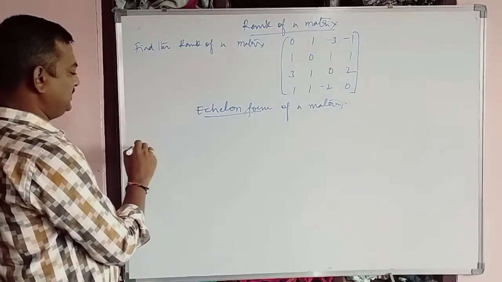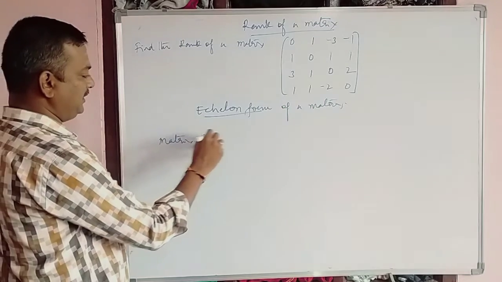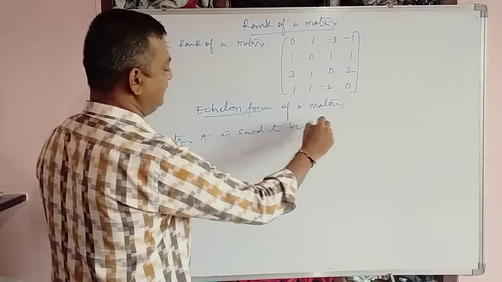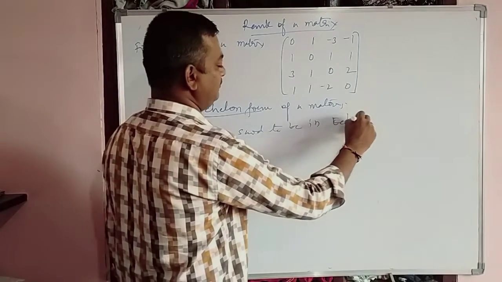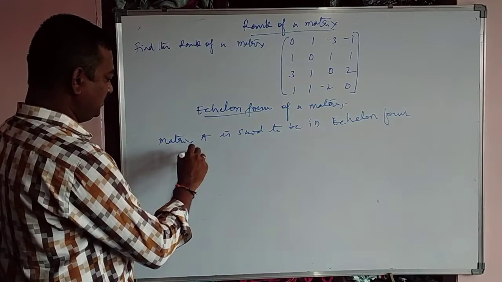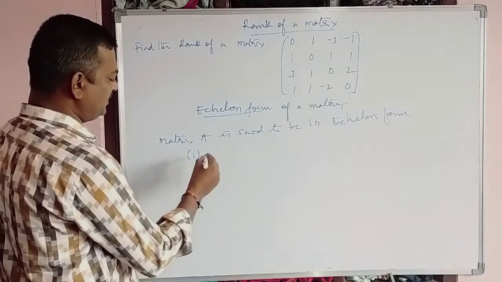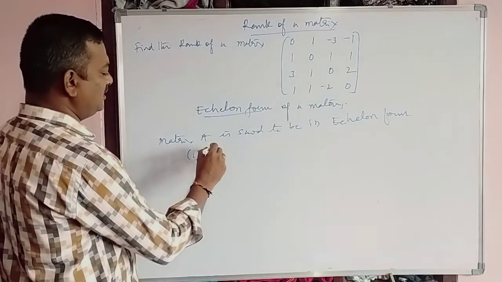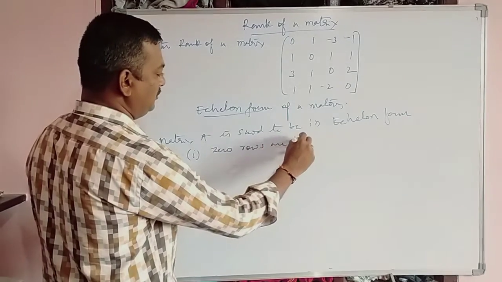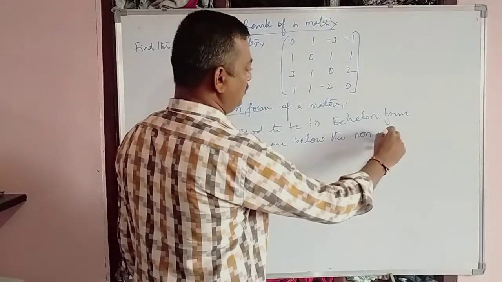Okay. First, what is the echelon form? The matrix A is said to be in echelon form if two conditions are satisfied. First one is zero rows are below the non-zero rows.